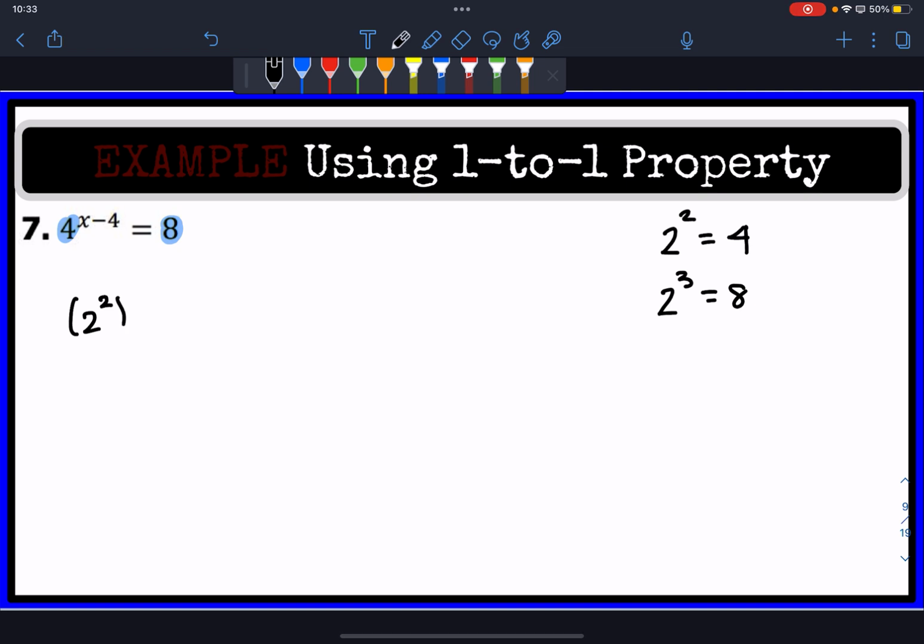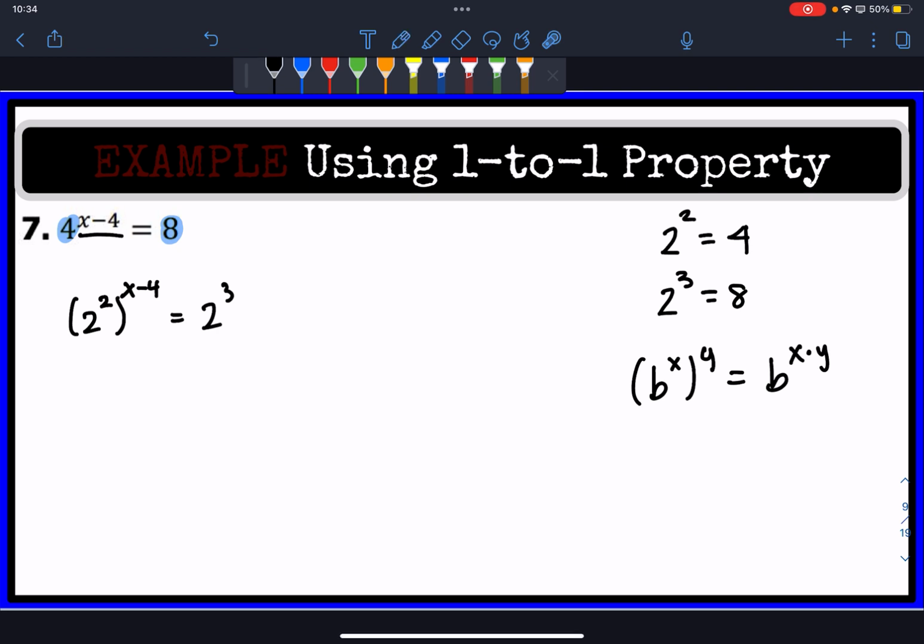2 to the second power, that's going to be 4, but this is still raised to the x minus 4 power, and 8 can be written as 2 to the third power. Now again, using the same property from the last example, I can simplify this right here by multiplying these exponents together. So 2 to the second and then to the x minus 4 power is 2 to the 2x minus 8 power.